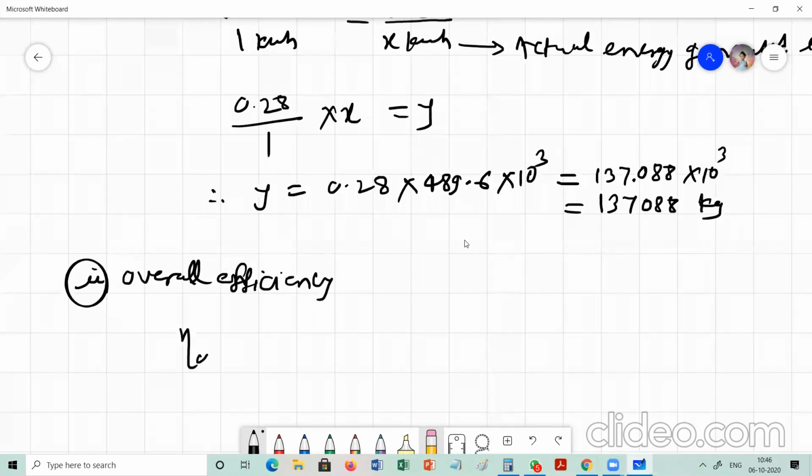Okay, eta overall is equal to output by input.